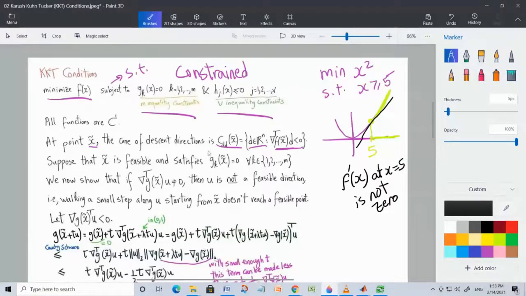Okay. Now, suppose that x tilde is a feasible point. We want to know the directions in the n-dimensional space along which, if we move with a sufficiently small step, we remain in the feasible set.